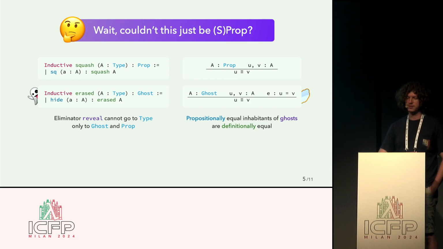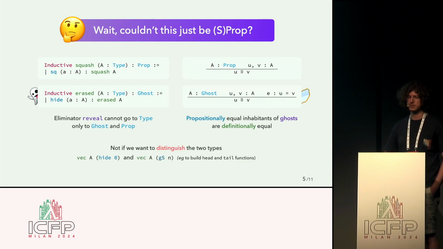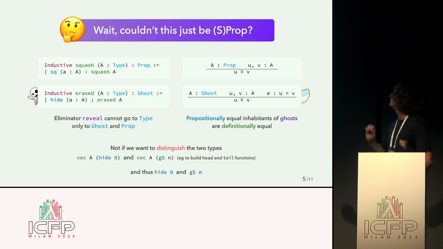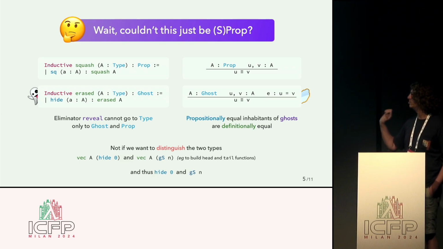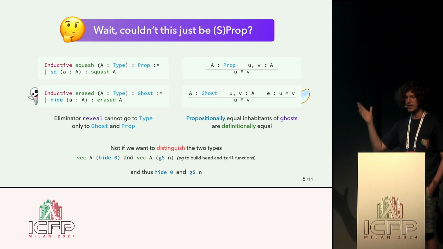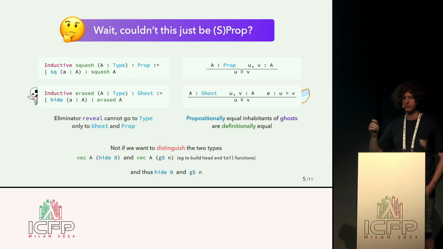So the reason I don't want to just use that is that I want to be able to distinguish the empty vector from the non-empty vector, so that I can type check functions like the head or the tail function, right? So the important part is that I want to be able to distinguish hide of 0 and, well, hide of 1 or the ghost successor of any natural number.